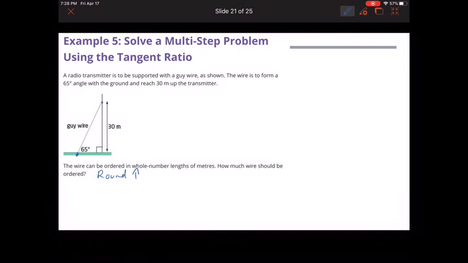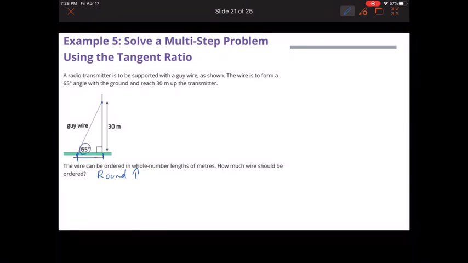Next class, we're going to learn sine and cosine. You would actually use sine or cosine to figure out this problem, which is what's throwing me off. But we can use tangent and the Pythagorean theorem together.